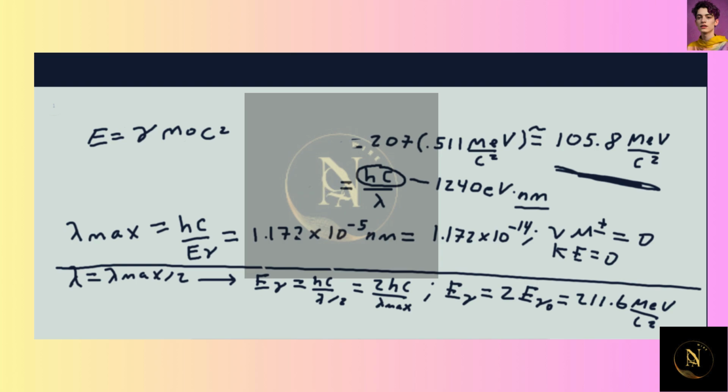So gamma here is equal to 1 over the square root of 1 minus u squared over c squared, where u is the speed of the particle, which is what we want to deal with.